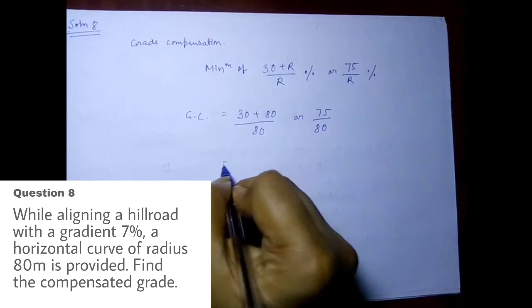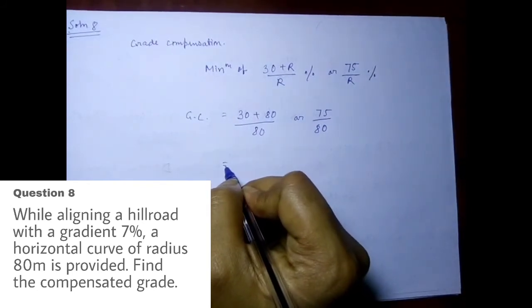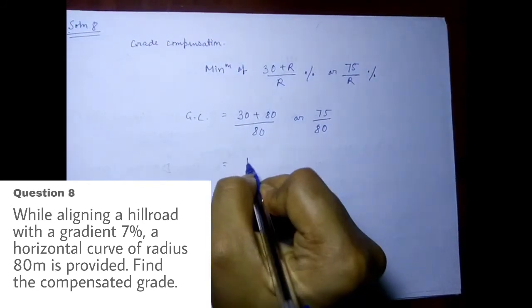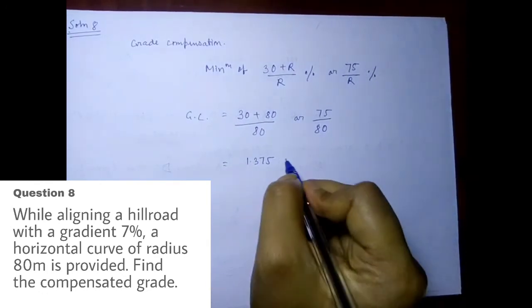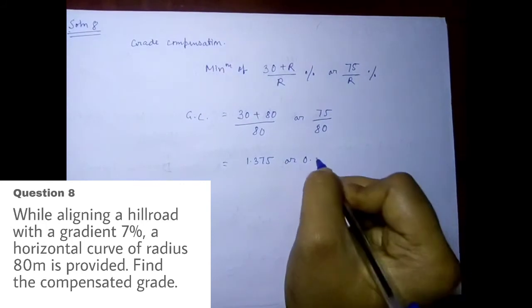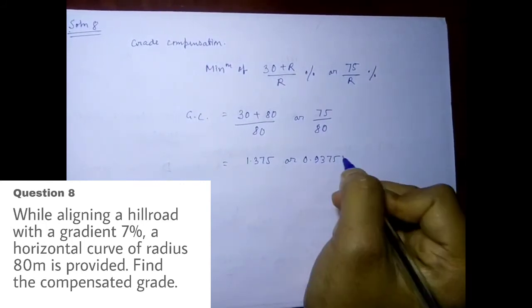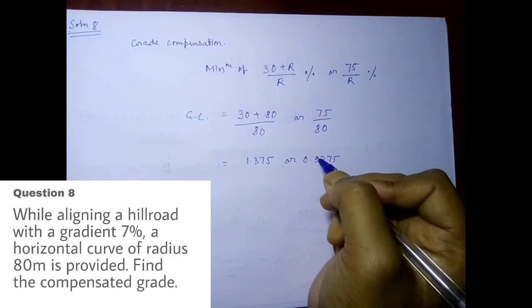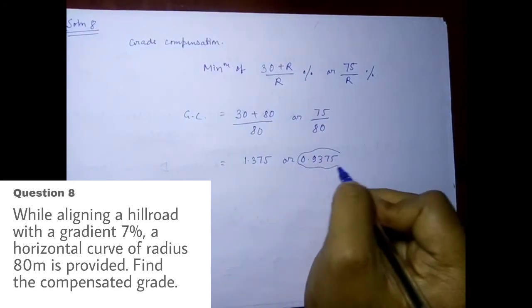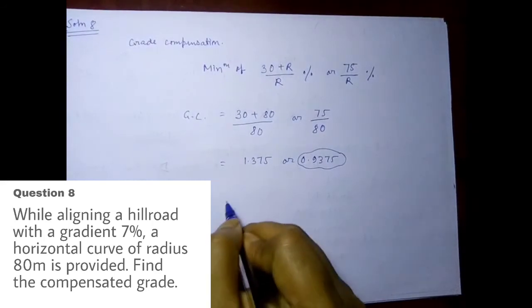So it comes out to be 1.375 or 0.9375. So out of this, the minimum is 0.9375.